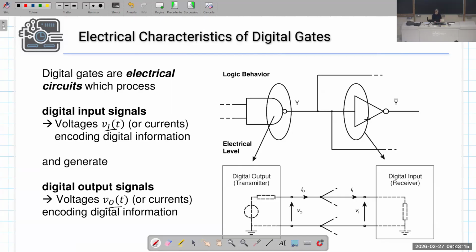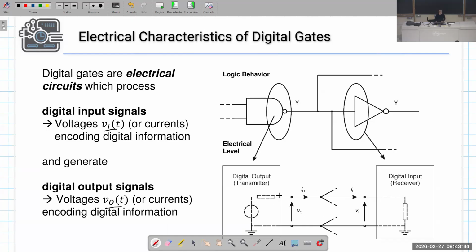On the other hand, the input port of any digital gate is a receiver. From the electrical point of view, it is a load that should be sensitive to the digital information encoded in the electrical signals provided by the other gates.